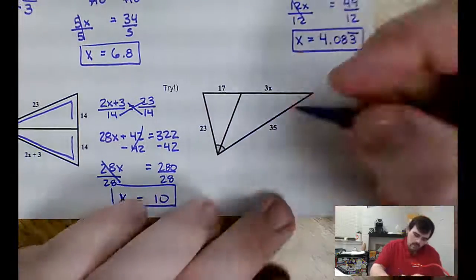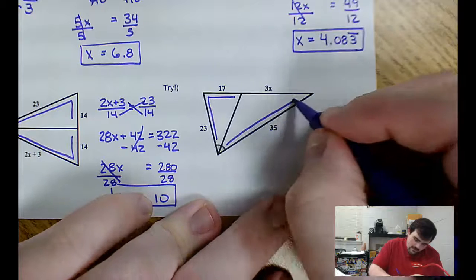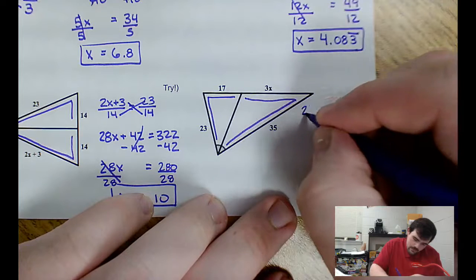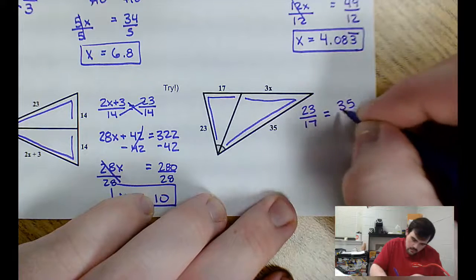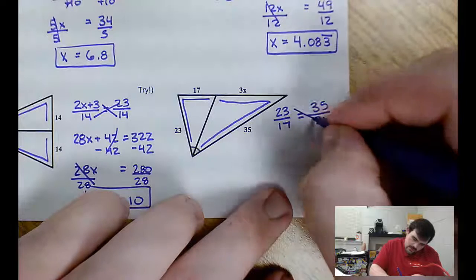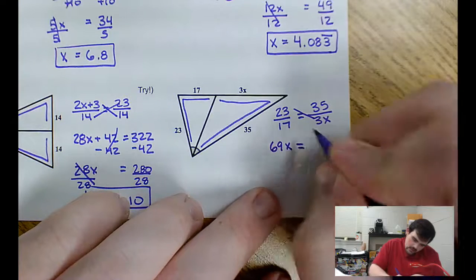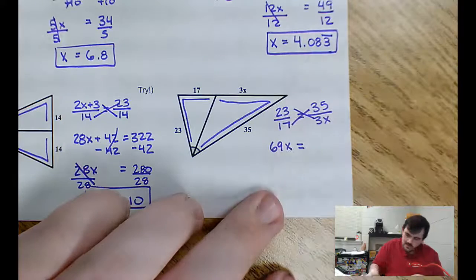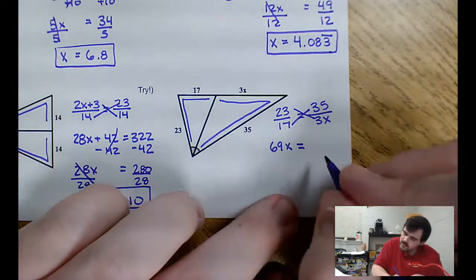Okay, last one. 23 over 17, 35 over 3x. Okay, so 23 times 3x is 69x equals 17 times 35. That's another one I do not know off the top of my head. 595.